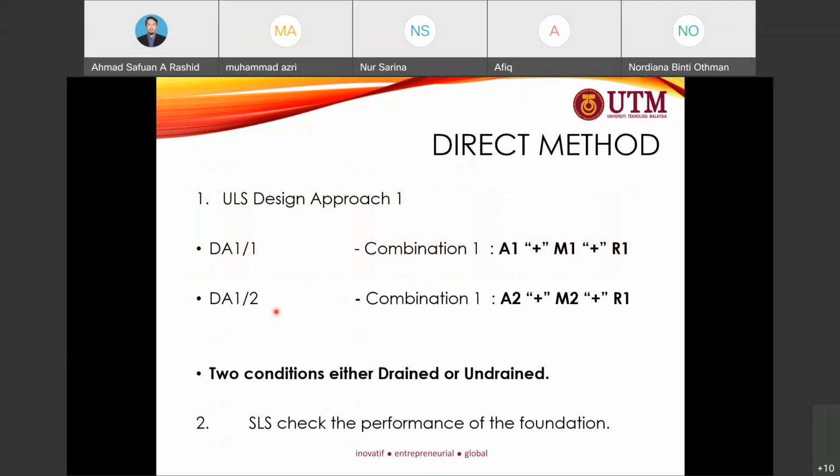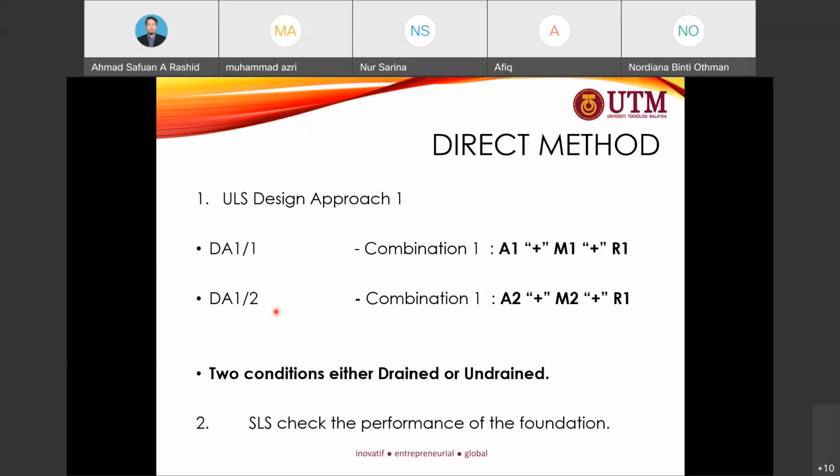For Malaysian use, we may use design approach number 1. Under design approach number 1, there will be a combination of A1, M1, and R2 for combination number 1, and another combination, A2, M2, and R1, for design approach number 1. So two conditions, either drained or undrained.